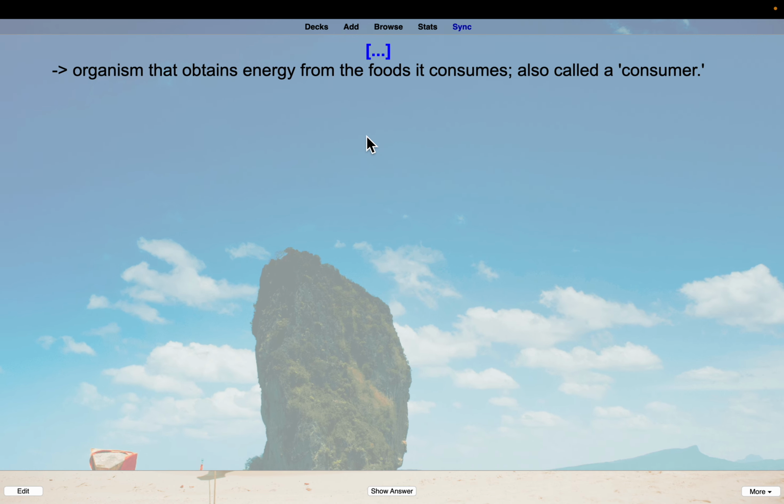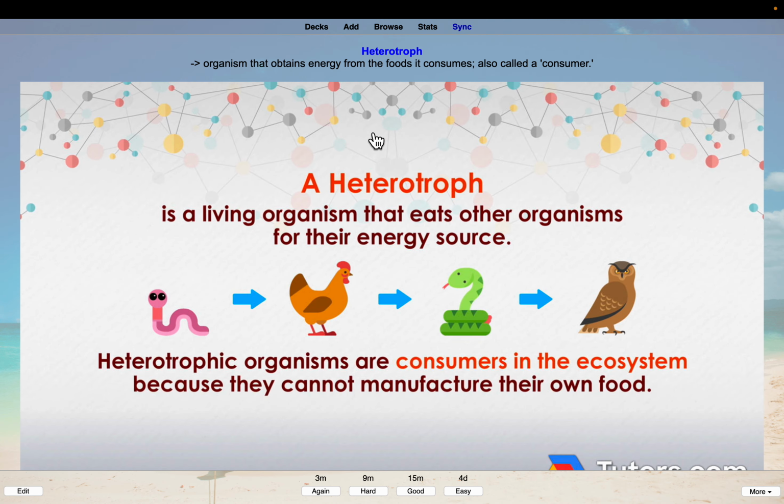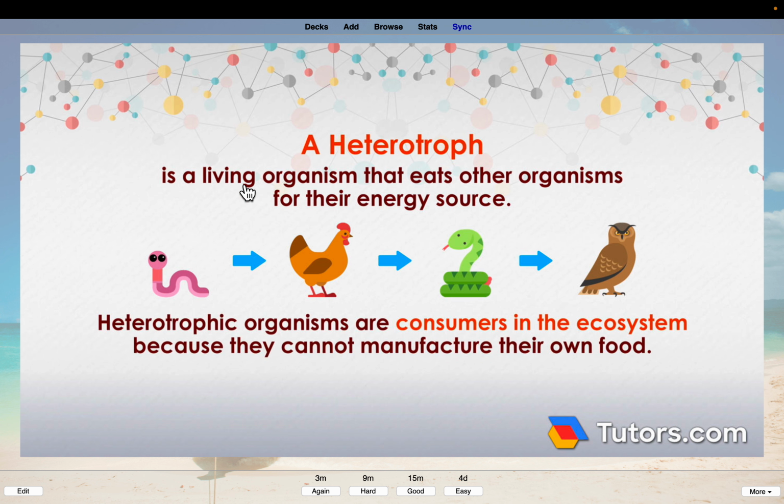Heterotroph is the organism that obtains energy from the foods it consumes. It's also called a consumer. So, a heterotroph is a living organism that eats other organisms for their energy resource. So, think of the food web.